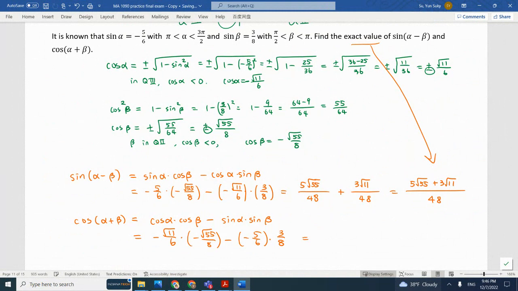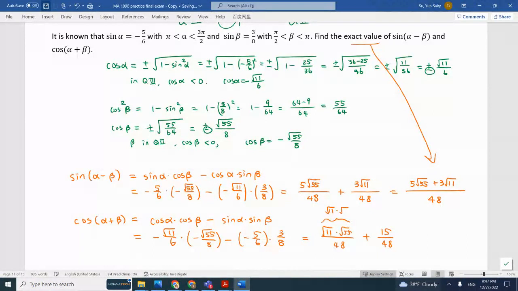Minus minus becomes plus. So we have square root 11 times square root 55 over 6 times 8, 48. Minus minus becomes plus. 5 times 3, 15 over 48.